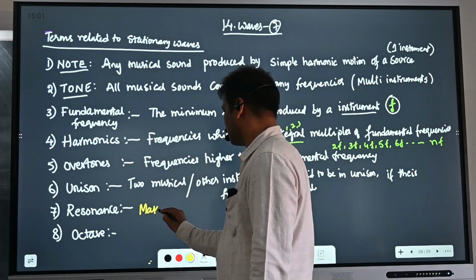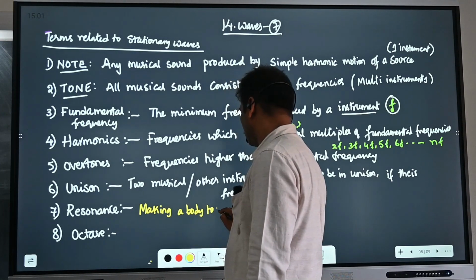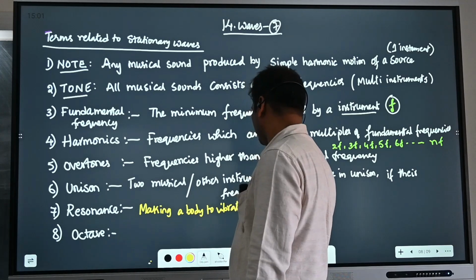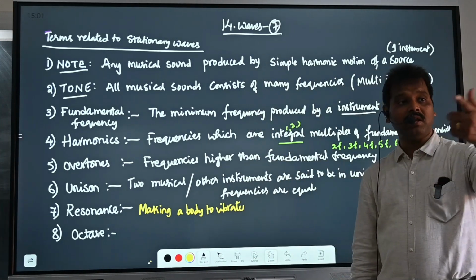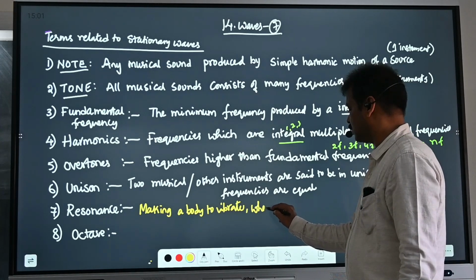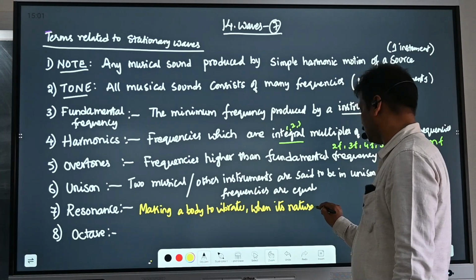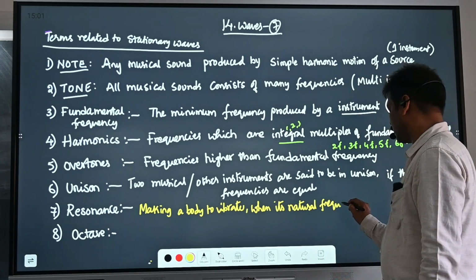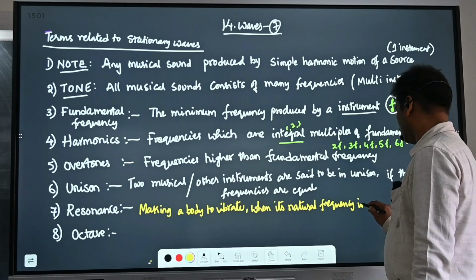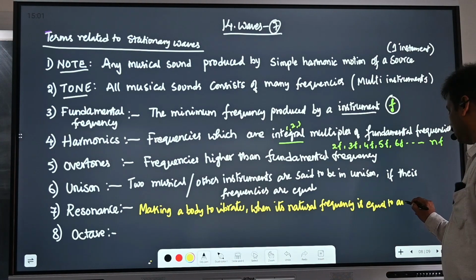Making a body vibrate without applying any external force when its natural frequency is equal to that of another vibrating body.